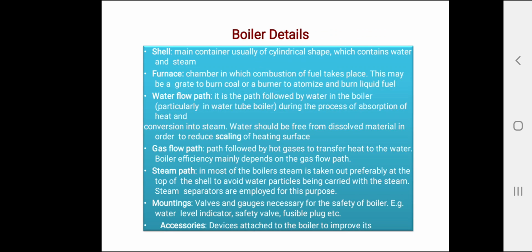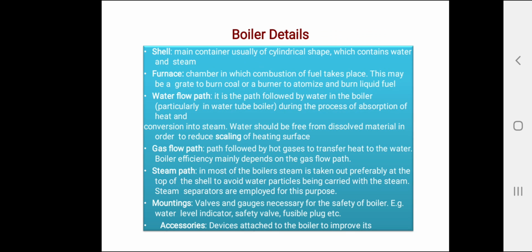The furnace is the place where heat is generated, the chamber in which combustion of fuel takes place. This may be a grate to burn coal or a burner to atomize or burn liquid fuel. So the generation of heat, burning of fuel and combustion takes place in this chamber, that is the furnace.